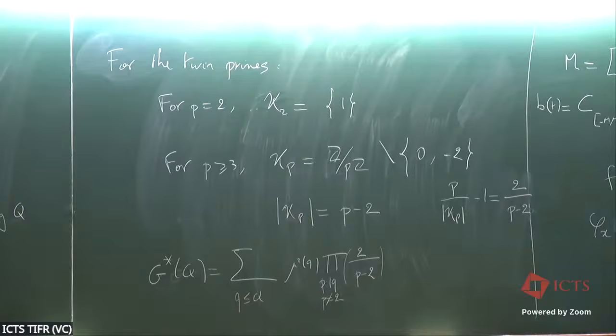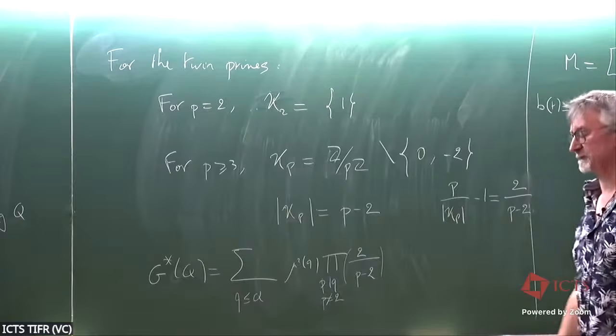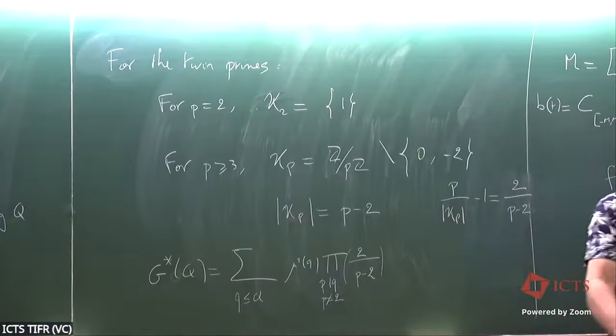Who has an idea of the size of this G function? I don't have any magic proof like I did for G of Z, but who can get an idea, just like that? Yes, how would you explain that?